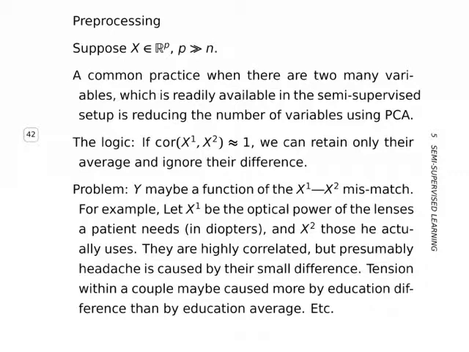For example, if x1 is the optical power of the lenses the patient needs, and x2 is the optical power that he actually has, they are highly correlated, usually, because the optometrist is not that stupid.